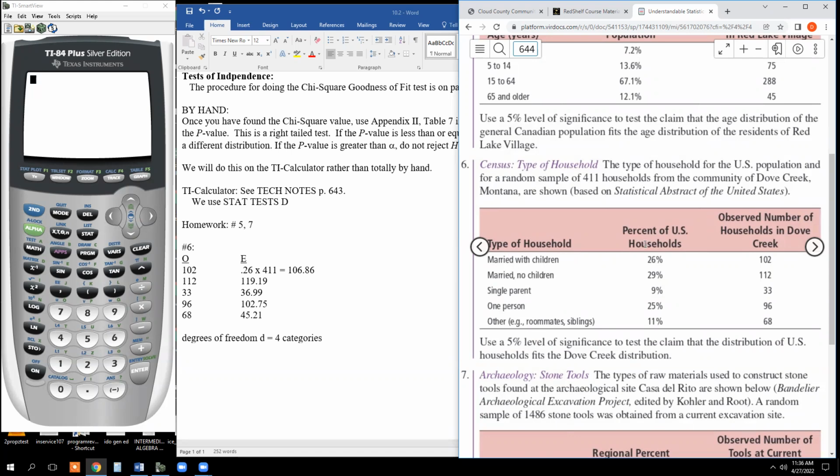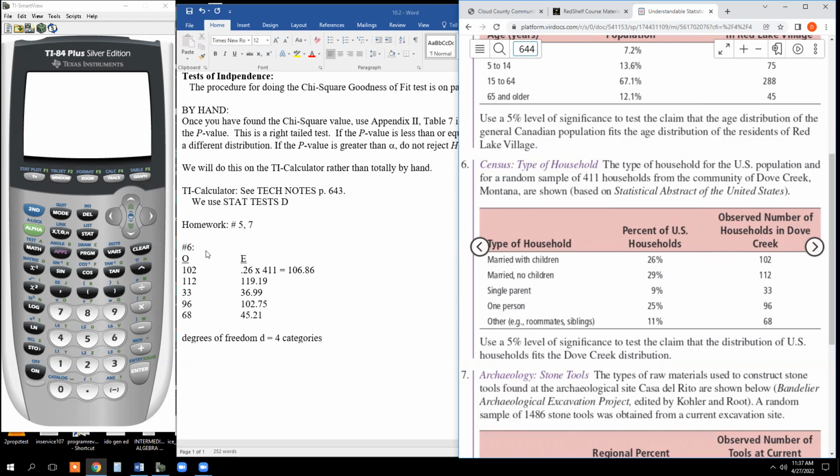These are the percents of US households, so these are my percentages, my probabilities. And this is the observed number of households in Dove Creek that fall into these particular categories. Use a 5% level of significance, that's alpha equals 0.05, to test the claim that the distribution of US households fits the Dove Creek distribution.